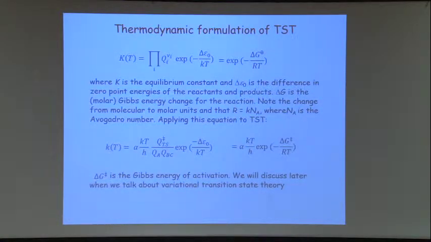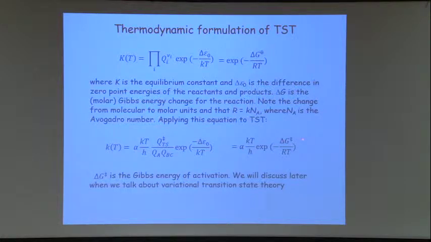We can also formulate the transition state theory using thermodynamics. So another way of representing this equilibrium constant is as e to the minus delta G standard over RT. And so we can represent it in terms of delta G dagger, which is the Gibbs energy of activation.